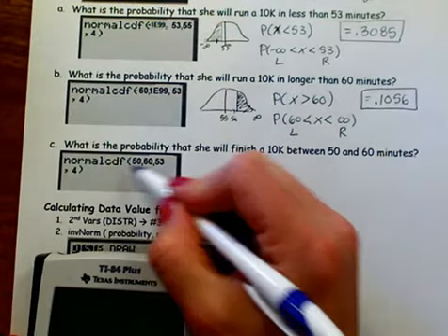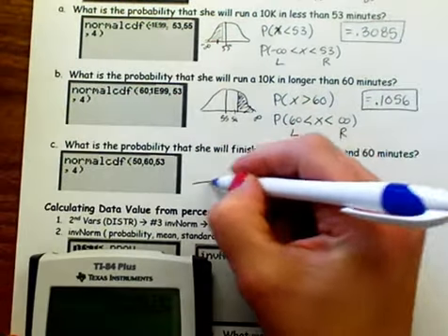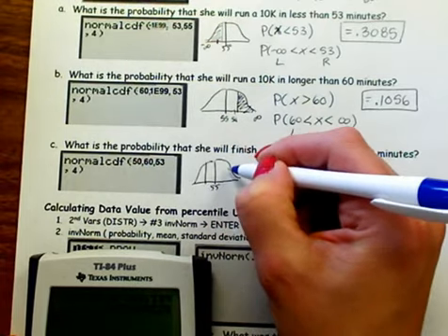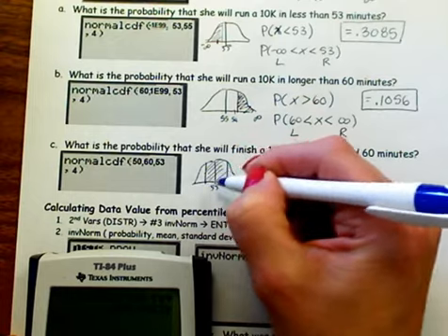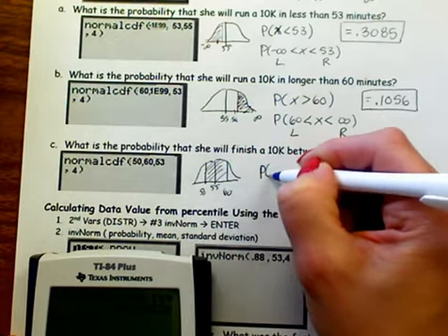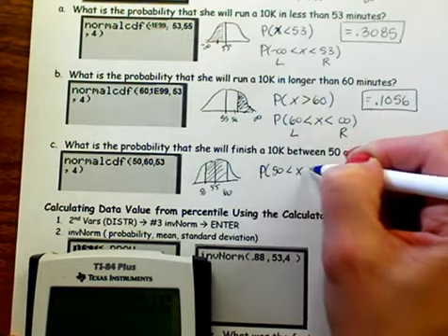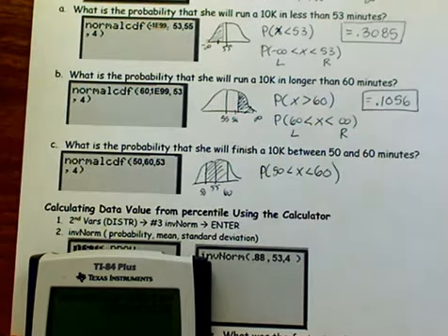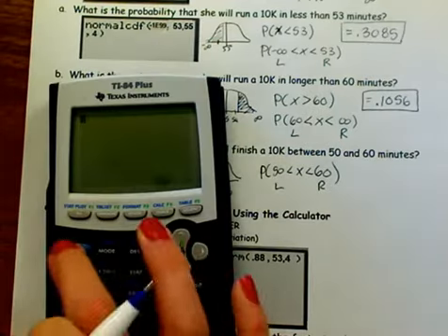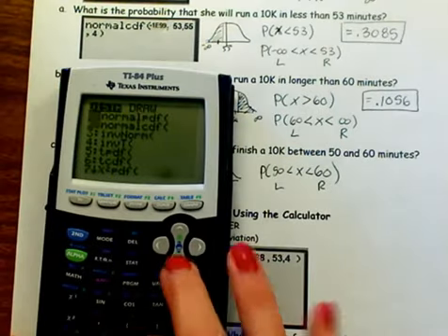Between 50 and 60. Okay, so 50 and 60. Probability. Oh, left and right. Second VARS. Normal CDF.